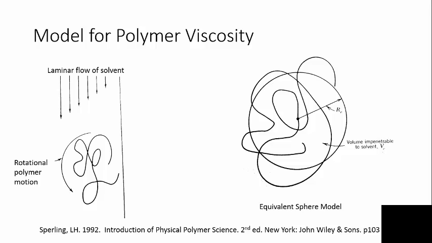We don't have hard spheres, we have a polymer, but the polymer coils up, and depending on the size of the polymer, you'll have an equivalent sphere, or a volume of space that the coiled polymer occupies, which has an equivalent radius here.